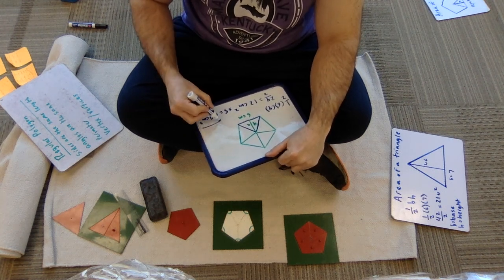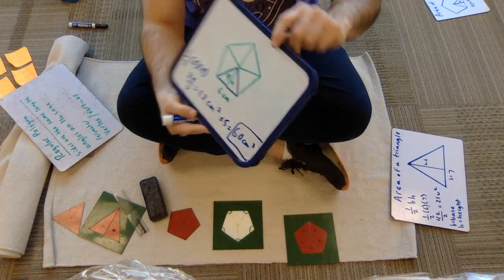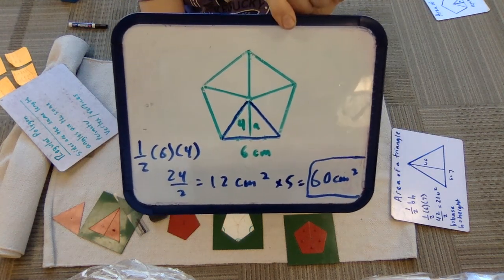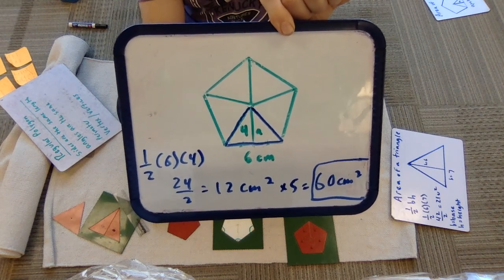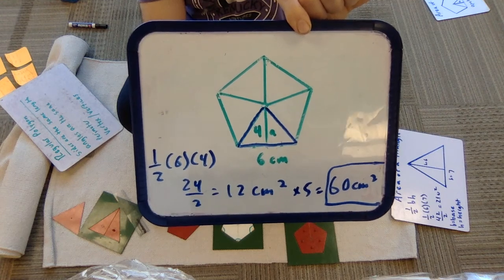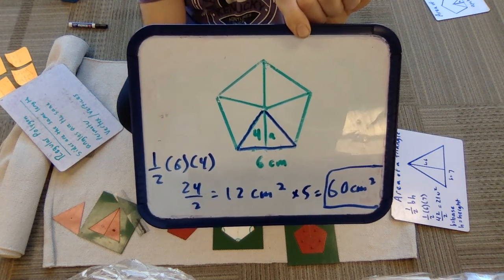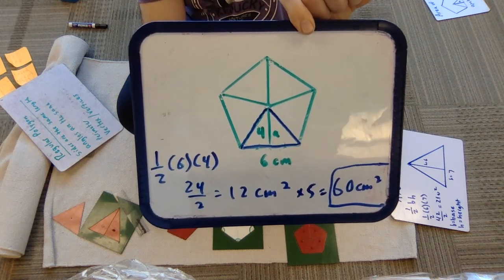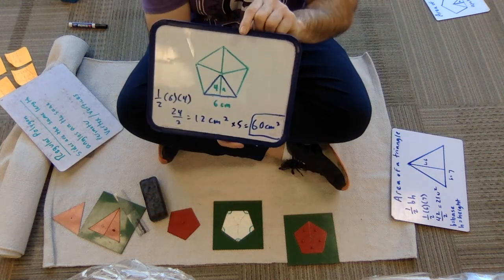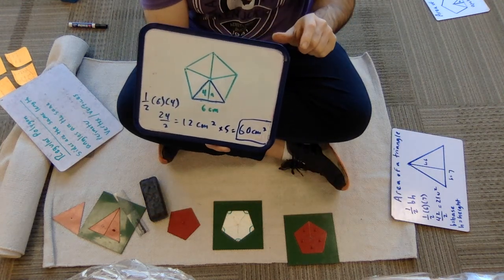So I just found the area of my pentagon by essentially making it into a smaller problem and doing what I know, which is the area of a triangle. Because the apothem is the height of that triangle and 6 is the base, and there you go. So I have the area of my pentagon here.